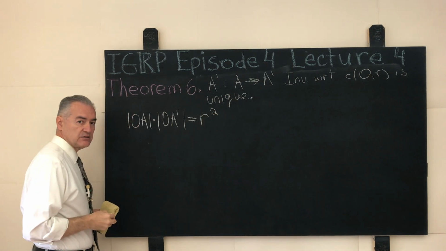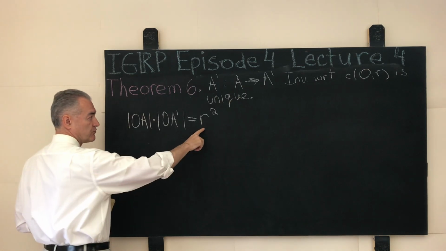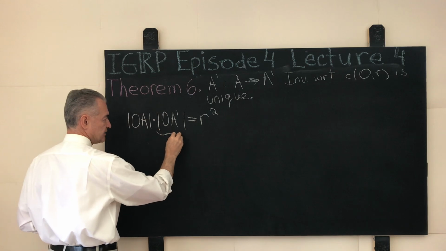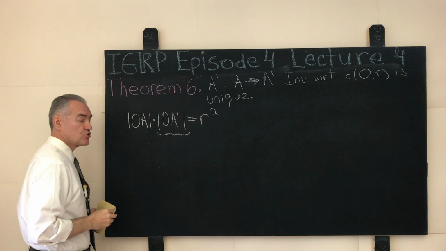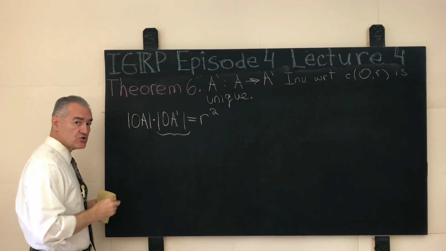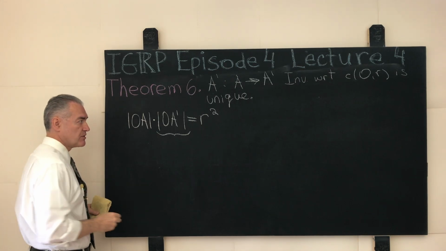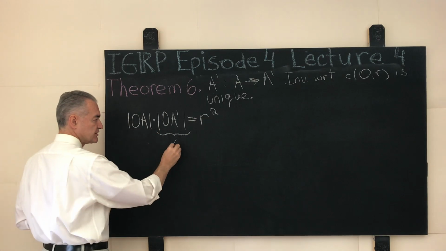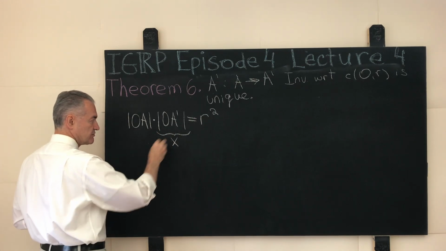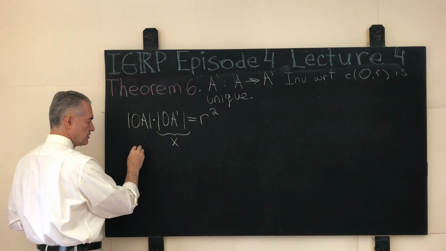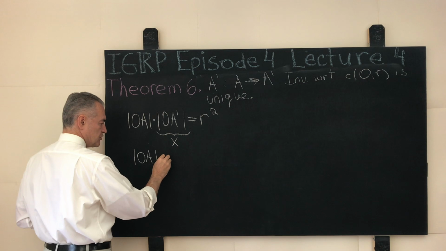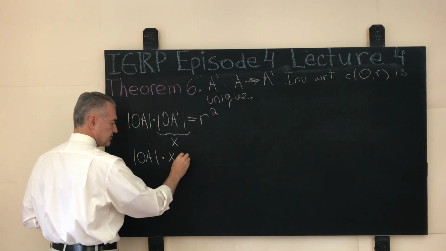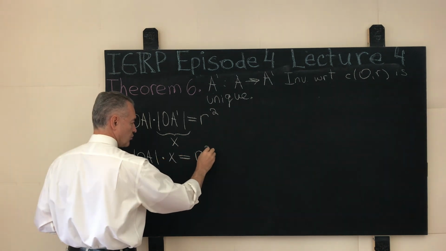Their product is equal to the square of the radius of inversion. Now let us designate this distance over here that controls the location of the image point with respect to the center of inversion as x. Then this relationship will be rewritten which way? The distance from the center of inversion to the pre-image point times x is equal to r squared.